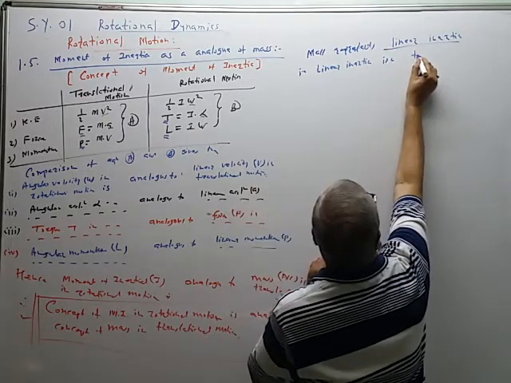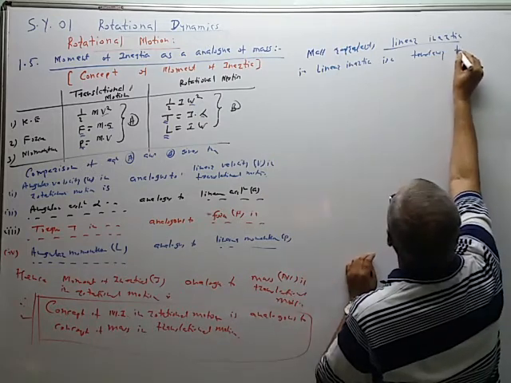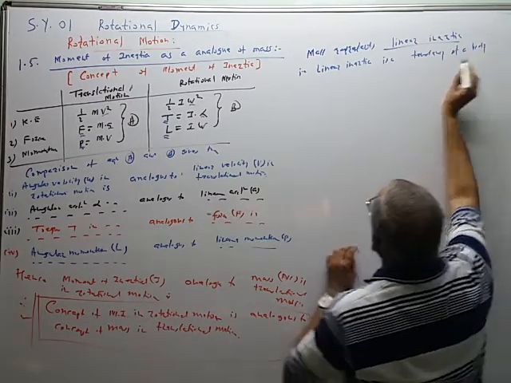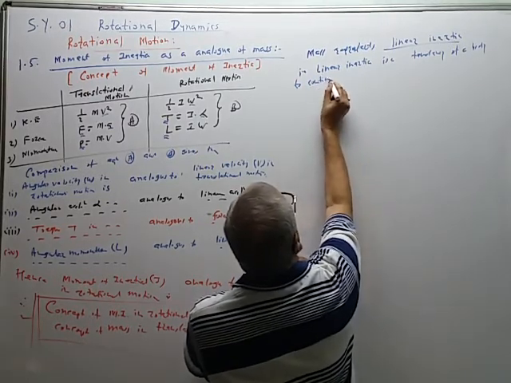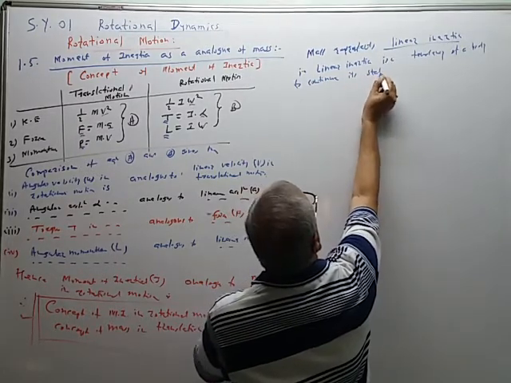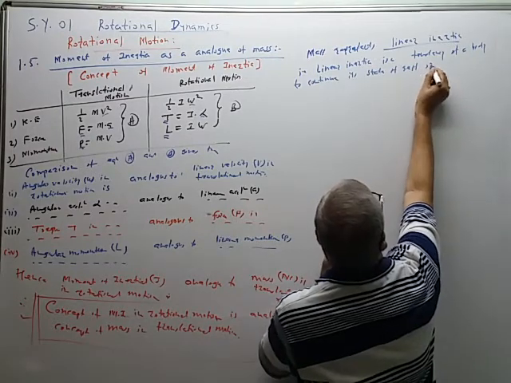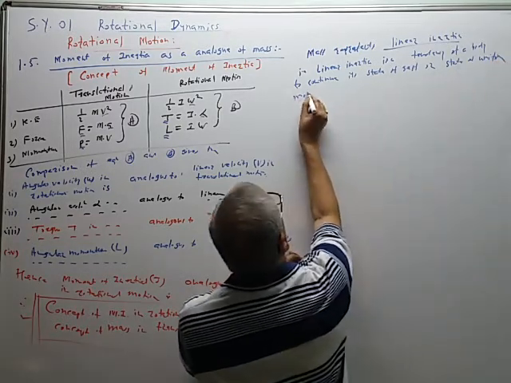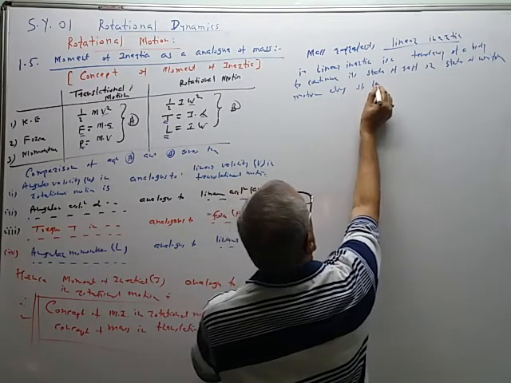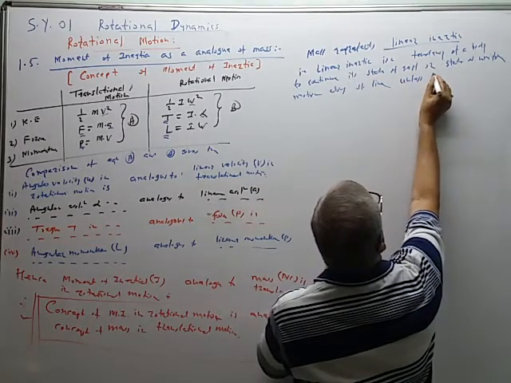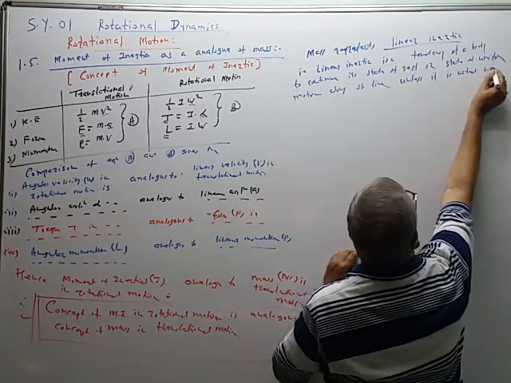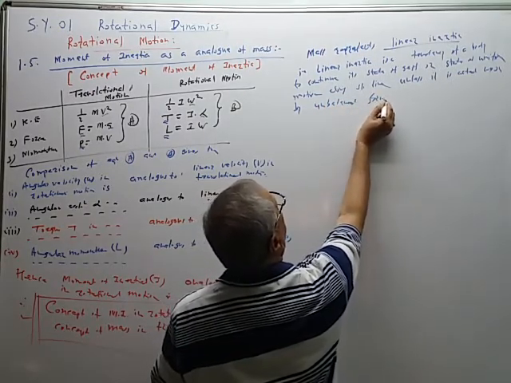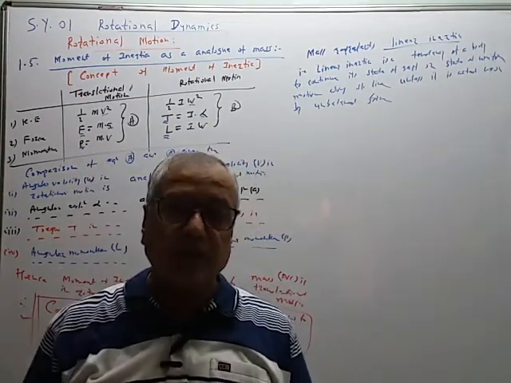Linear inertia is the tendency of a body to continue its state of rest or state of uniform linear motion along a straight line unless it is acted upon by an unbalanced force. So we have cleared this concept in Newton's first law last year.